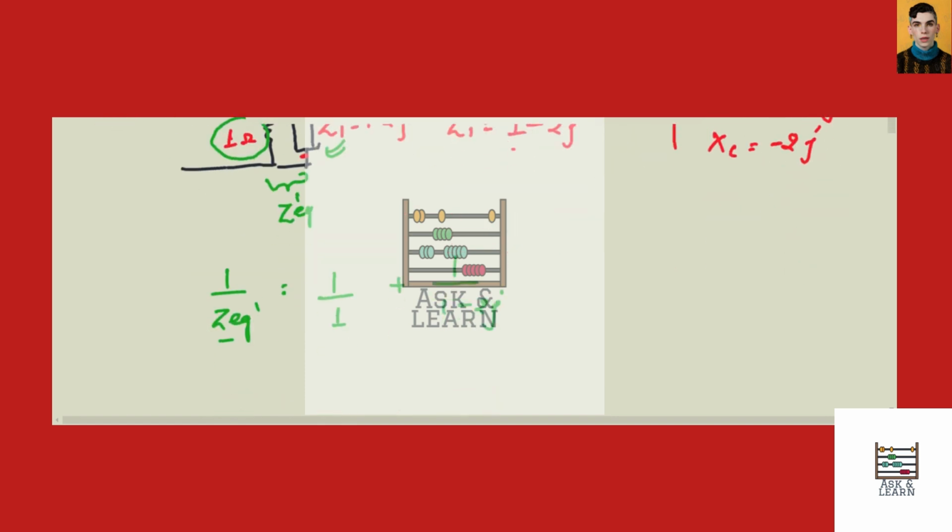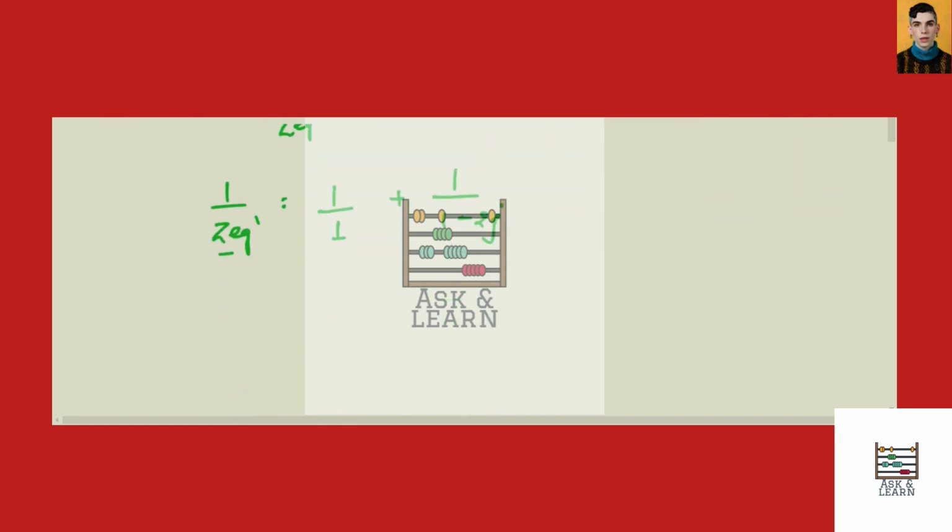The value of 1 upon Z equivalent prime can be calculated by simplifying: 1 minus 2J plus 1, right? This becomes 2 minus 2J upon 1 minus 2J. So Z equivalent prime will be 1 minus 2J upon 2 minus 2J.